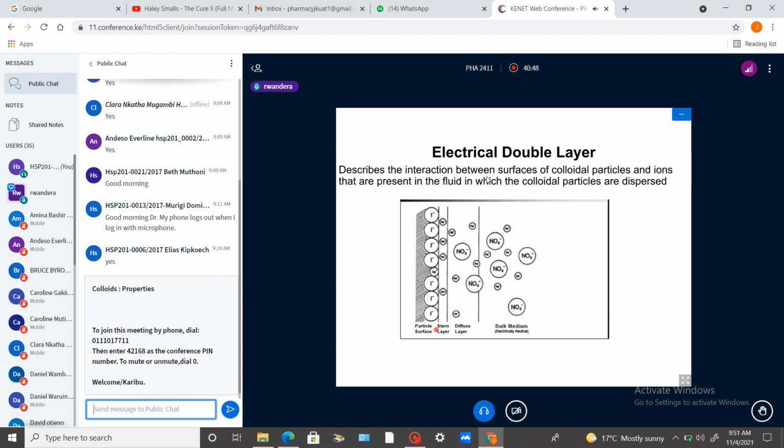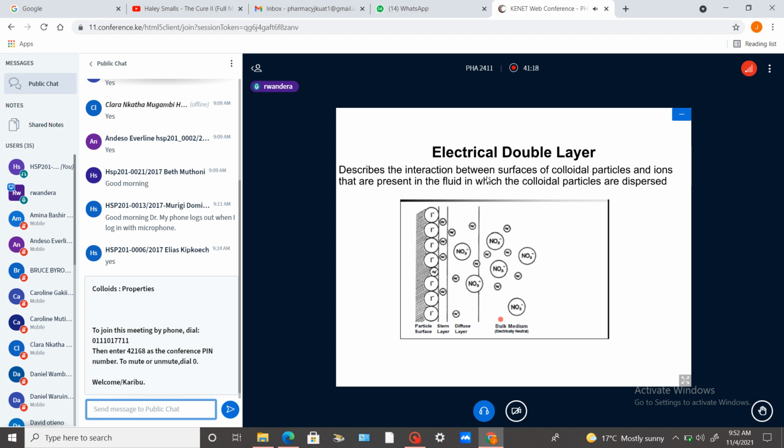So you'll have the Stern layer that is tightly bound to the particle surface, where the positive sodium ions move with the particle, and then the diffuse layer, where these ions also tend to move, but rather loosely with the particle surface.